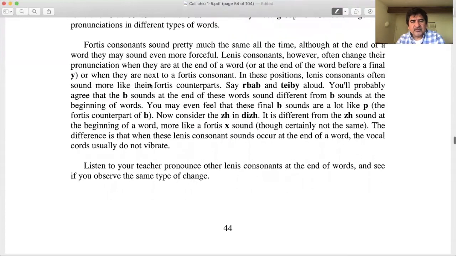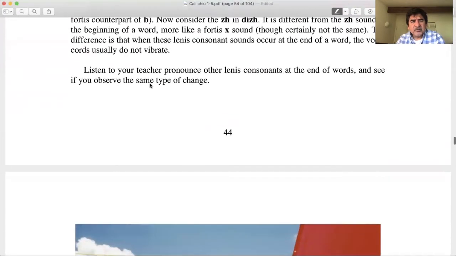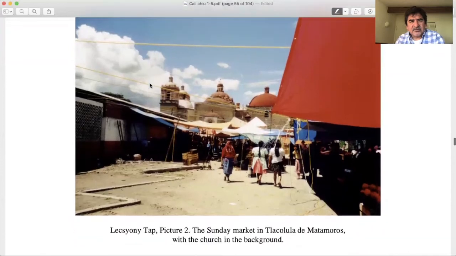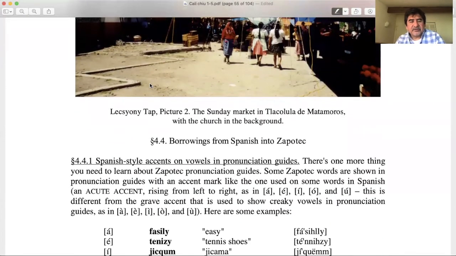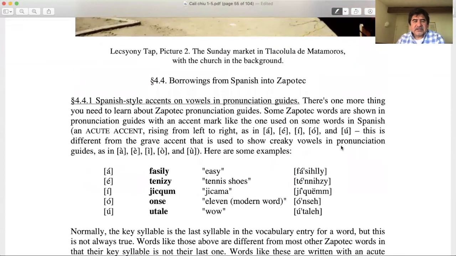And now we are done with these sounds, the vowels and consonants. So now we're going to be looking a little bit at the borrowing from Spanish into Zapotec, because we talked about this earlier, that there are a lot of words borrowed into Zapotec, right? But don't think that because it looks like Spanish, it is pronounced just like Spanish.